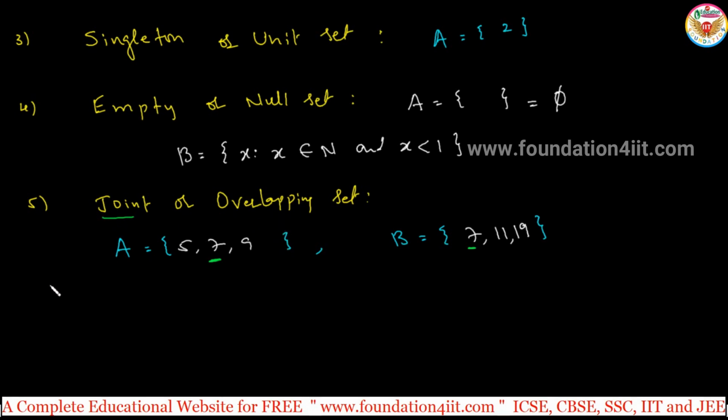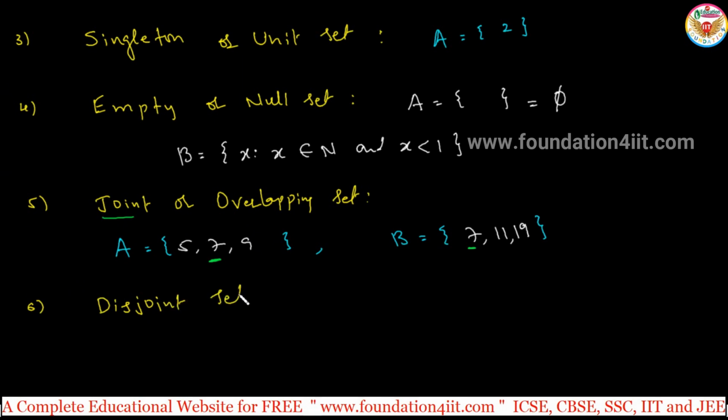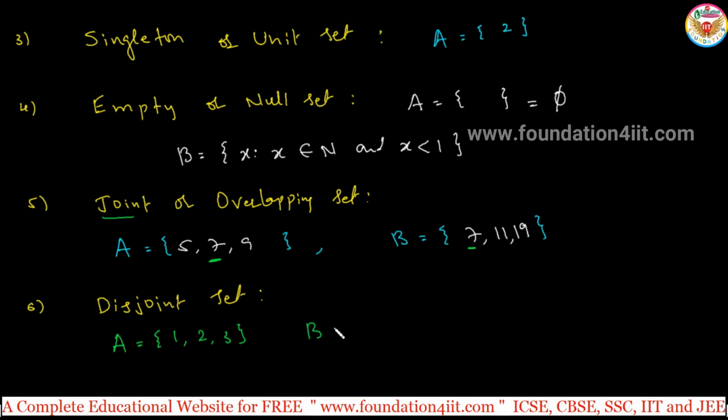And in the same way, the opposite of joint is disjoint, right? So we can see the word and meaning of this. Disjoint. A disjoint set means two sets having no common element. That is, set A is 1, 2, 3 and let's take set B as 4, 5, 6. So no single element is common.